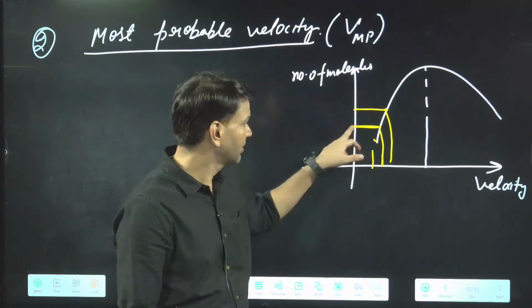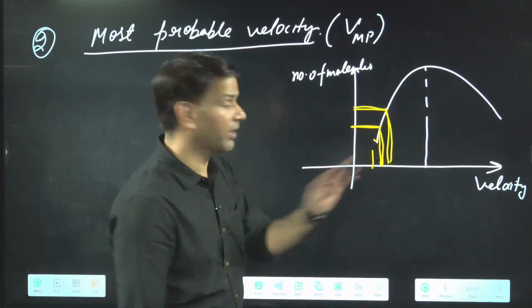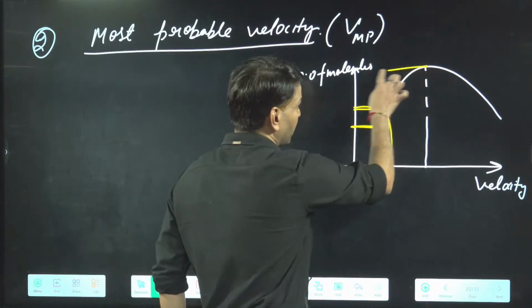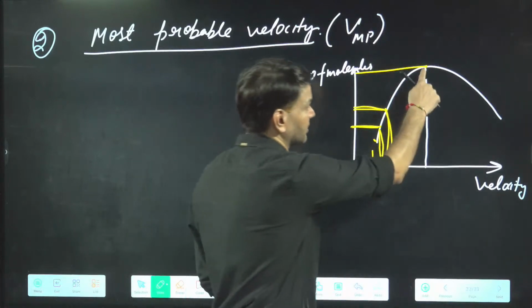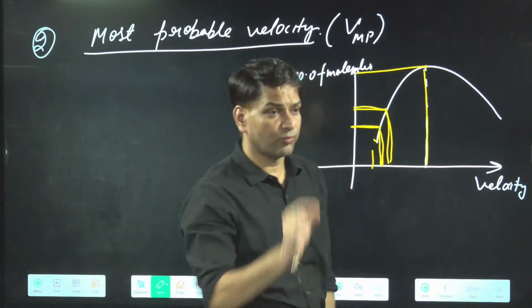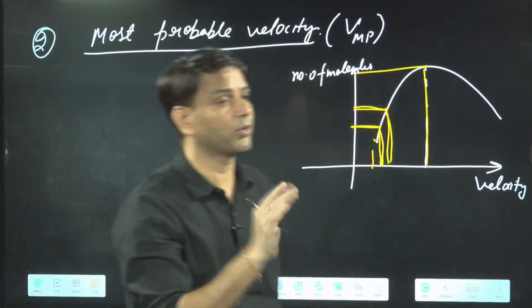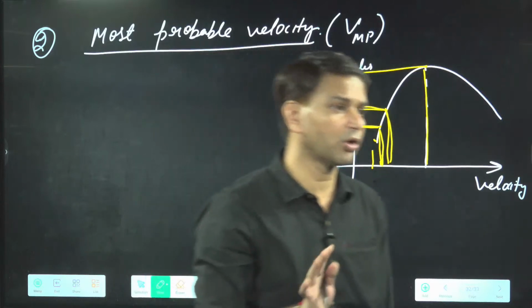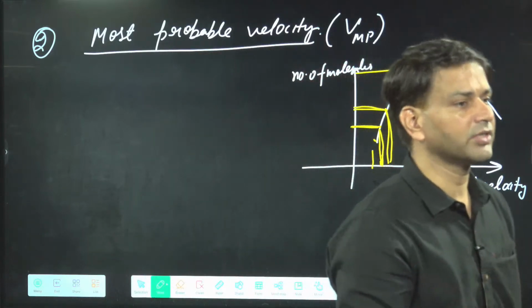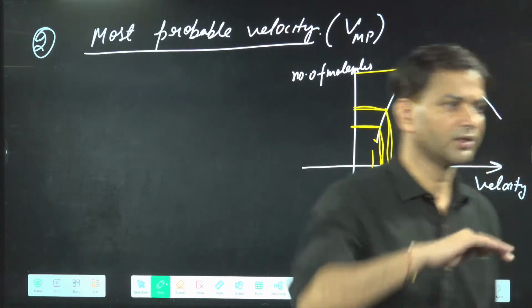Among all, the number of molecules is maximum at one particular velocity. That velocity is called the most probable velocity, because actually it comes from the probability curve.